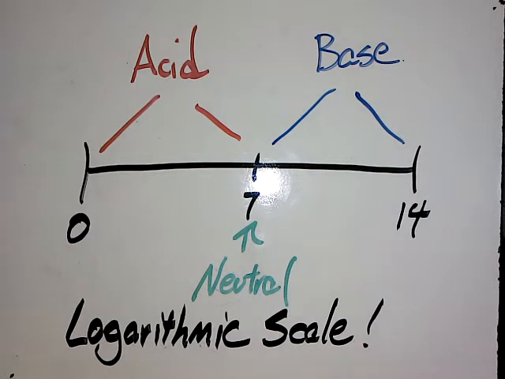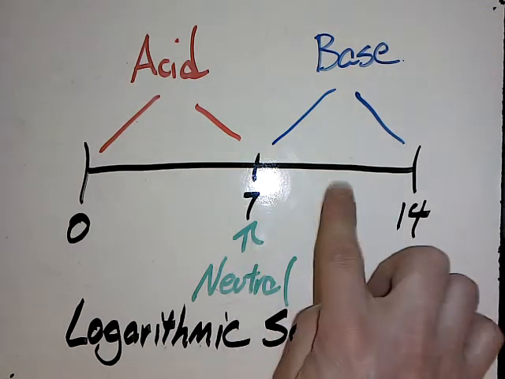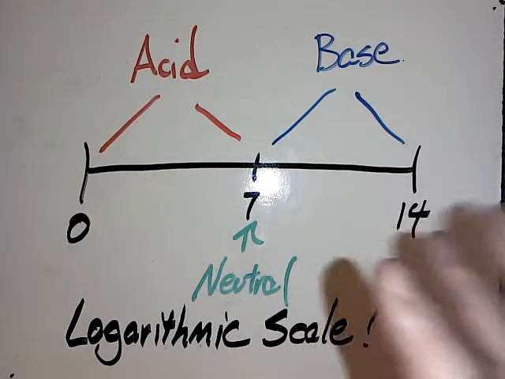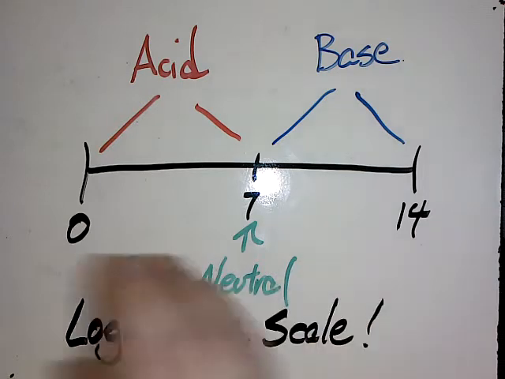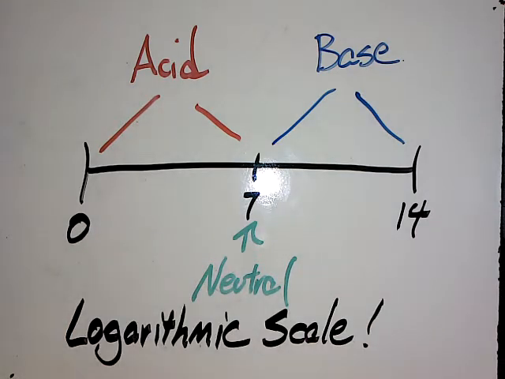A logarithmic scale is a scale where each step along the scale is actually 10 times stronger or 10 times weaker than the step right before it. Another example of a logarithmic scale you may be familiar with is the Richter scale, which they use to measure earthquakes.